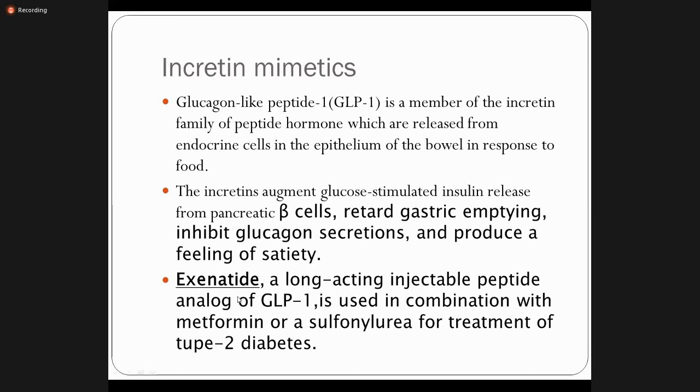So exenatide is an example of an incretin mimetic, a long-acting injectable peptide analog of glucagon like peptide 1, which is used in combination with metformin or a sulfonylurea for treatment of type 2 diabetes.